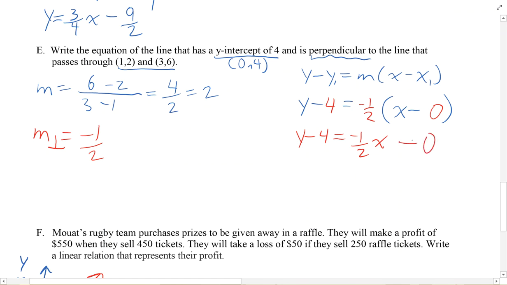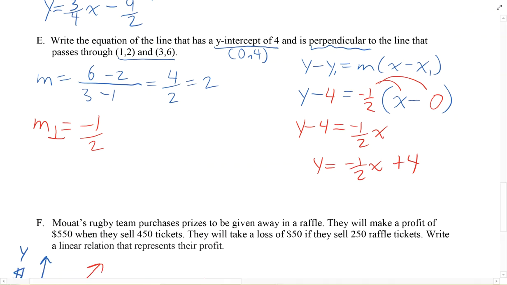It will be 0. Do we need that there? No, we don't need it there. So really, once we multiply in, we just get negative 1/2 x. Well, sorry, yeah, we have the y minus 4. Now move it over. So move the 4 over now, and you should get y equals negative 1/2 x plus 4. There you go.